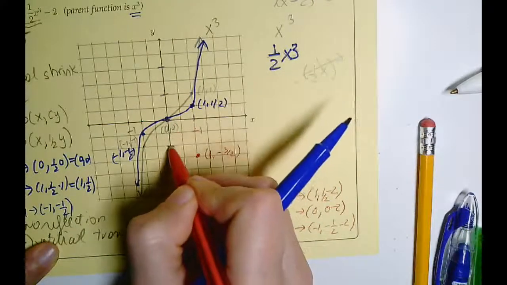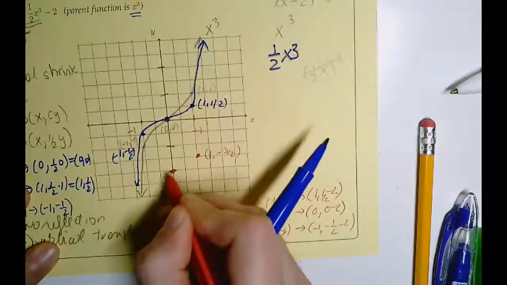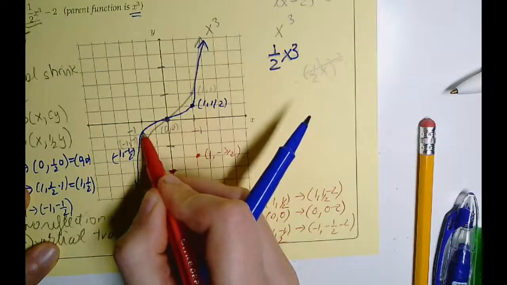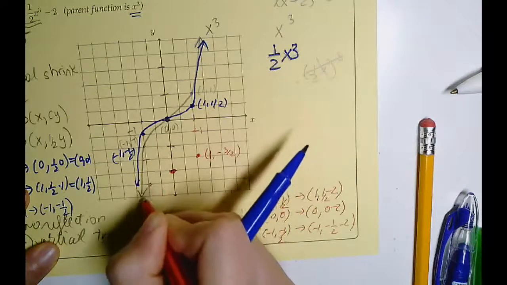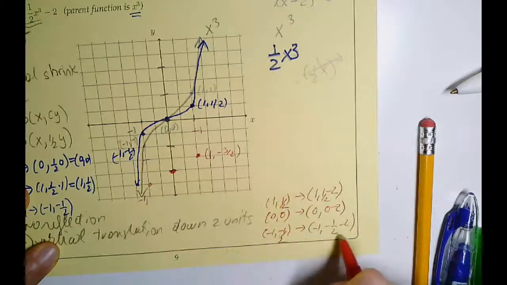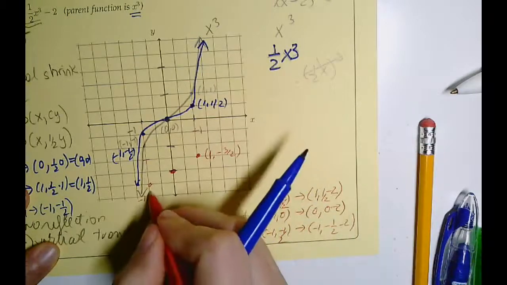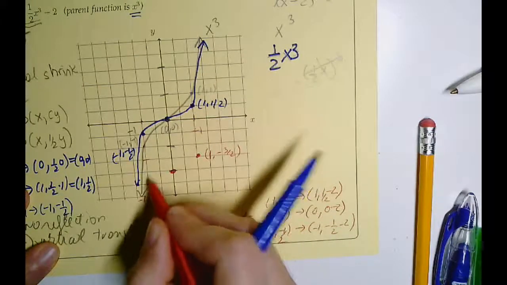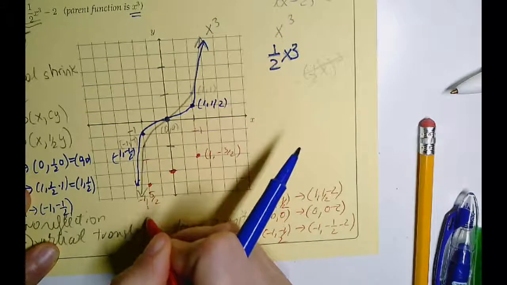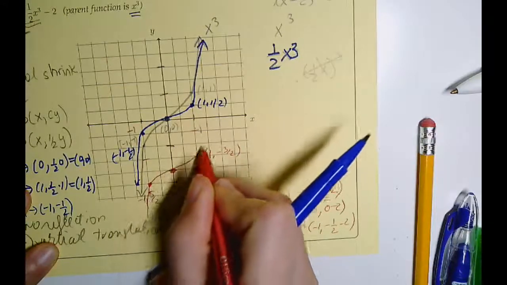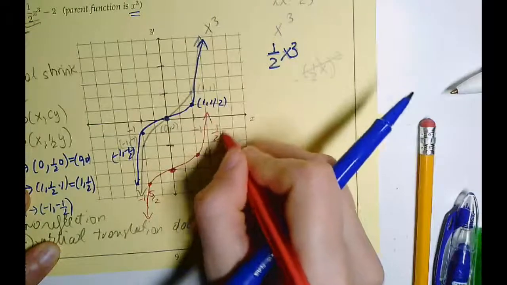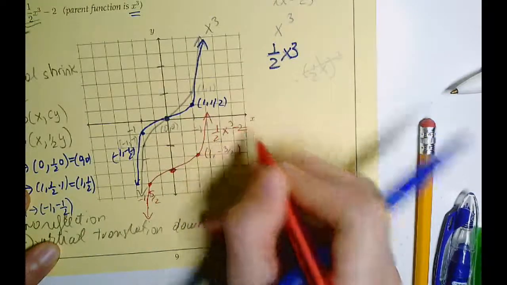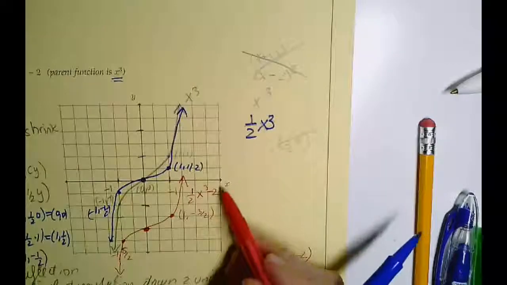And then the point -1, -1/2 is going to go down 2 units. It's going to go here, and this is -1, -5/2. So now I can draw. And this is the function that I was interested in graphing: 1/2 x cubed minus 2.